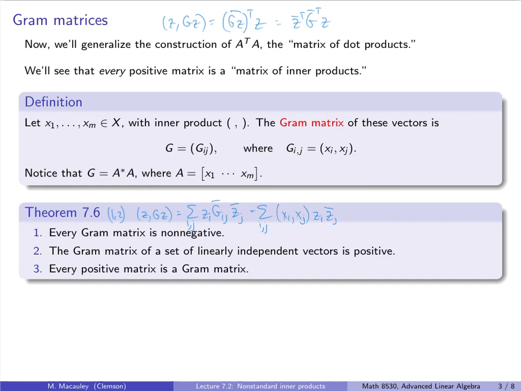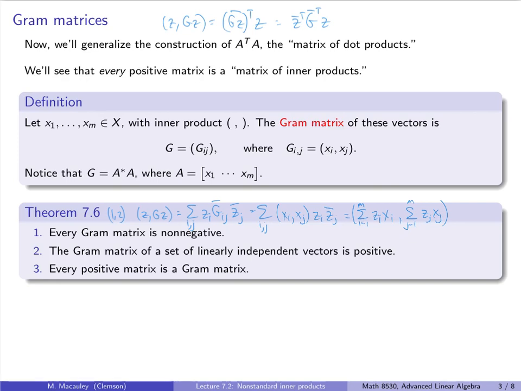So again, this is the sum of n squared terms, but we can write it as an inner product of two vectors. The sum from i equals 1 up to m of zi, these are the coefficients, times xi, and the sum from j equals 1 up to m of zj times xj.